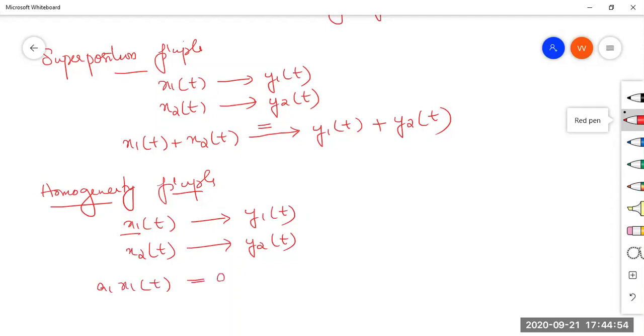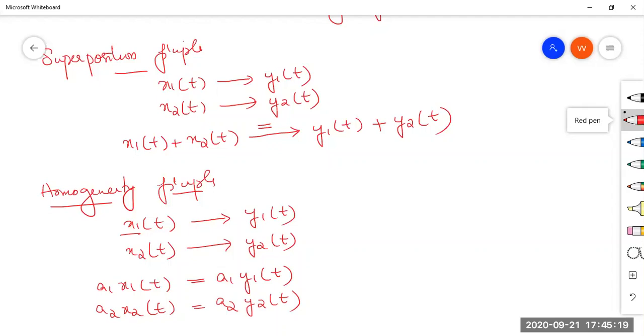That should be equal to multiplying your first output y1 of t by the same constant. Similarly, a2 x2 of t should be equal to a2 y2 of t. That means multiplying input by a constant should be equal to multiplying output by the same constant. This is principle of homogeneity.